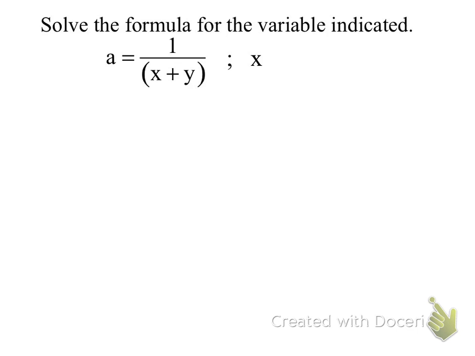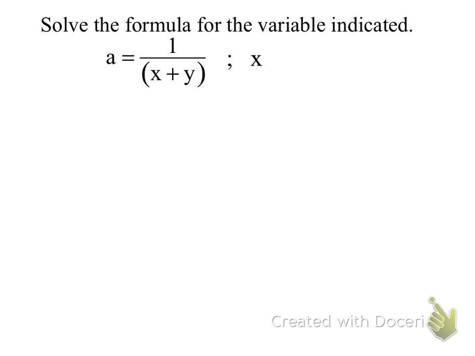All right, now I have something in my denominator, and I need to get that alone. When it's in the denominator, the first thing you're going to do is bring it to the numerator. How do I do that? I have to clear the fraction, get rid of the fraction nonsense. So, to get rid of the fraction, what do you think I have to do?